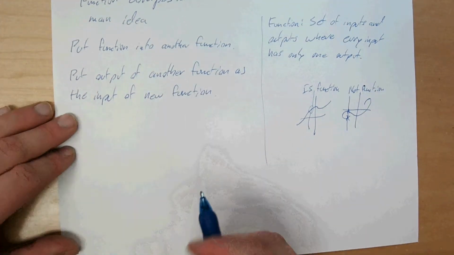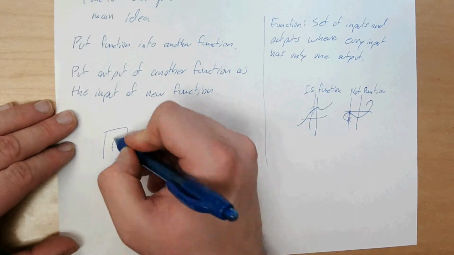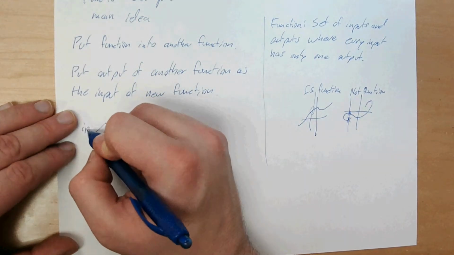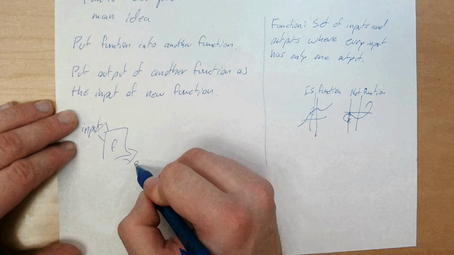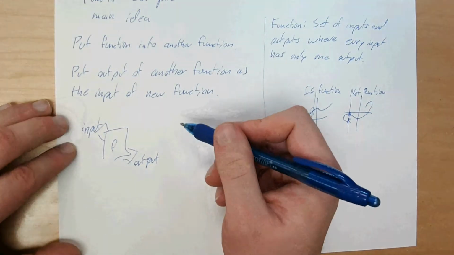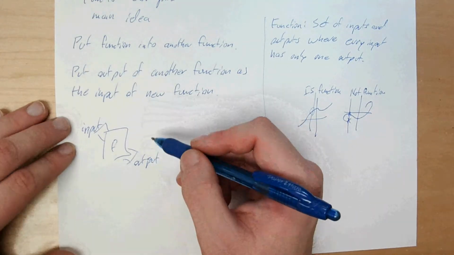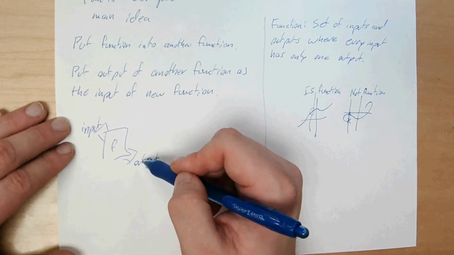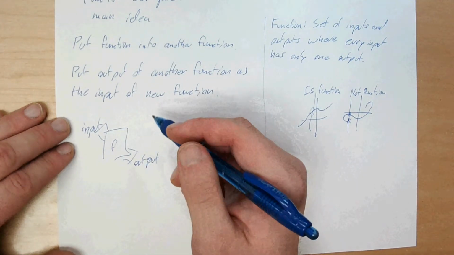And we kind of drew a picture of this yesterday, right? We said every function kind of looks like a black box. You have inputs somewhere, it spits outputs out. Some examples of functions that we see around us are grocery store scanners.